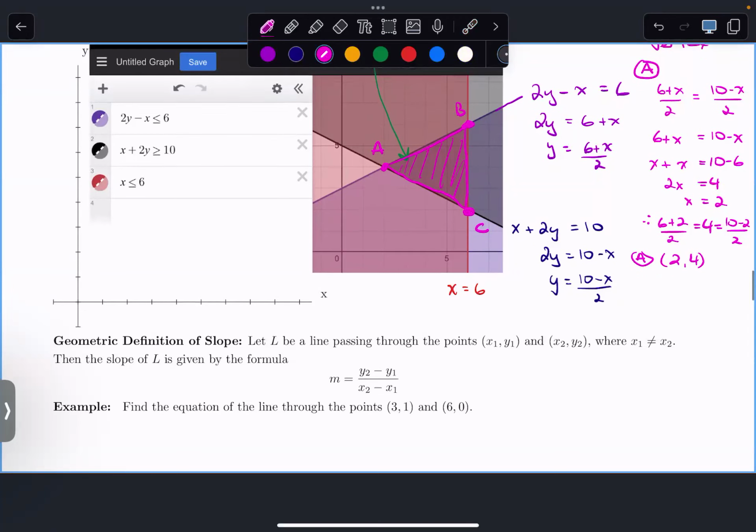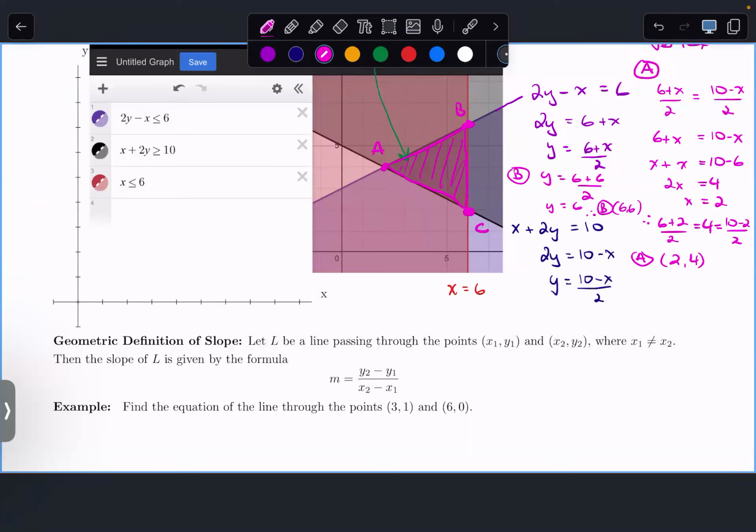For vertex B, y is 6 plus x, or 6 plus 6 divided by 2. So y must be 6. Vertex B must be at 6, 6.